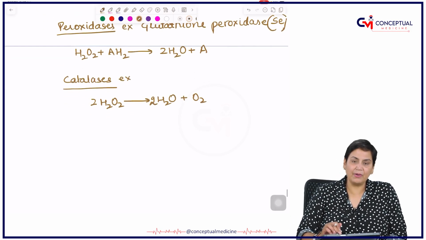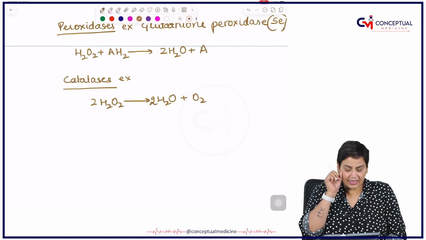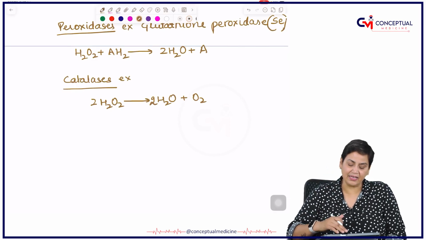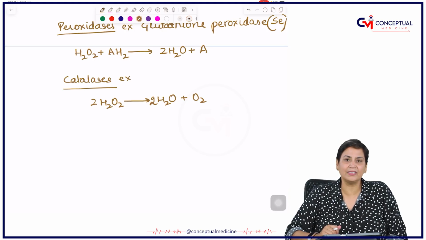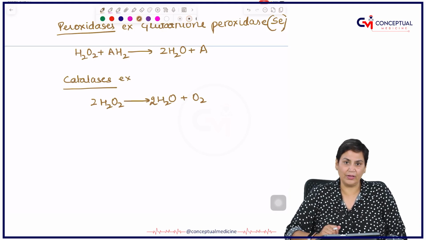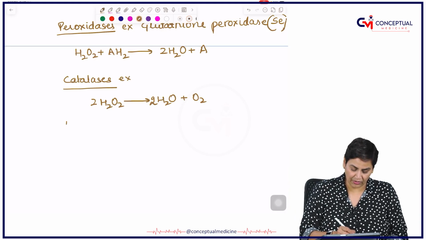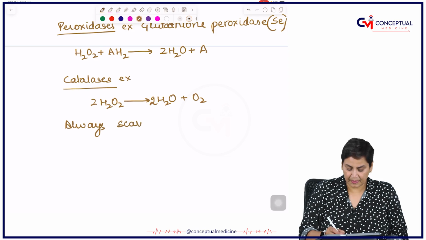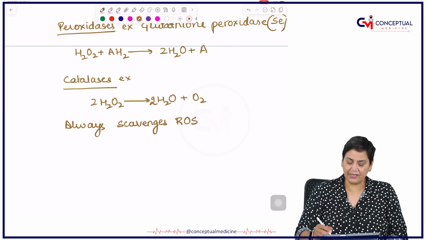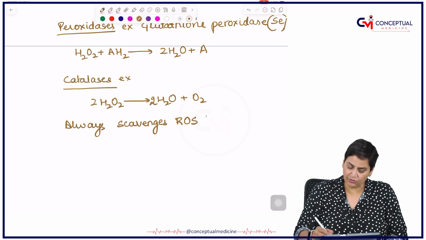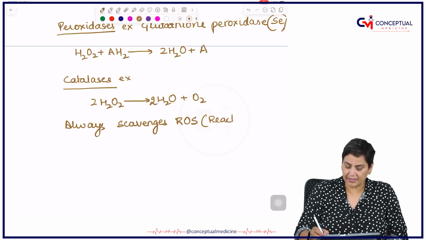And always remember one thing, that there is a difference between catalases and reductases or dehydrogenases. Catalases always scavenge the ROS, which is reactive oxygen species. So this we have to keep in mind.